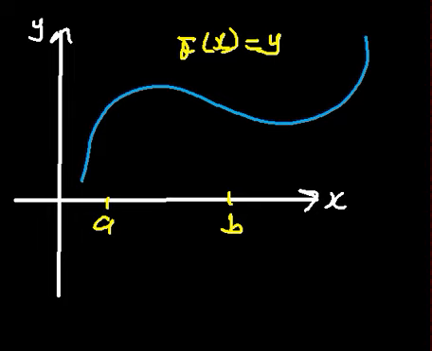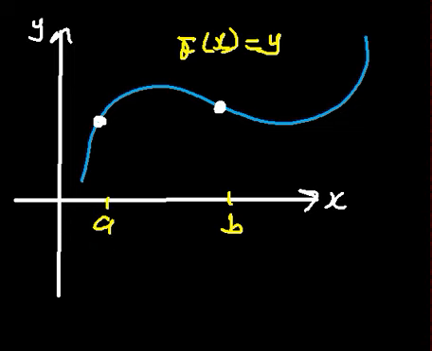Now, what is a point along the curve corresponding to x being given as A? This is the point, and the point corresponding to B along the curve is this one. So what is the y value corresponding to x being given as A at that point?